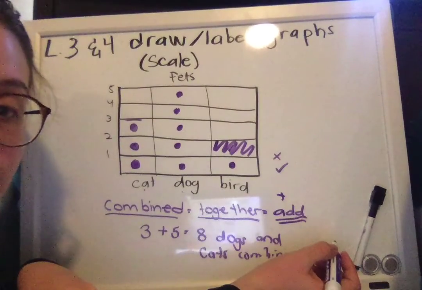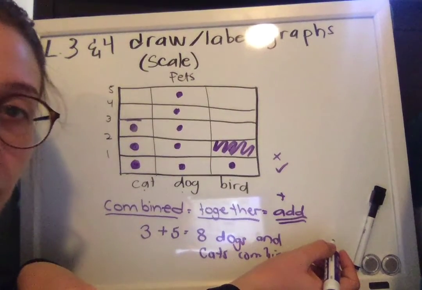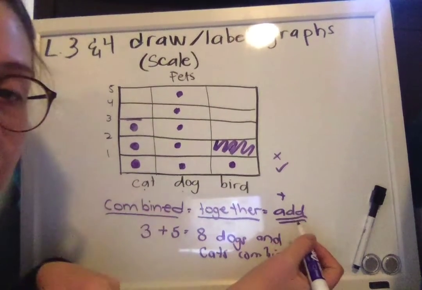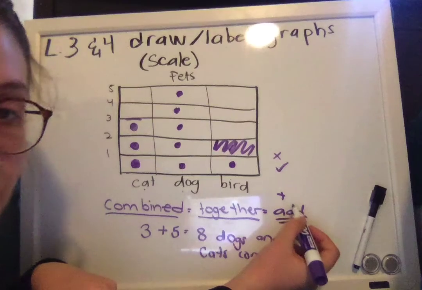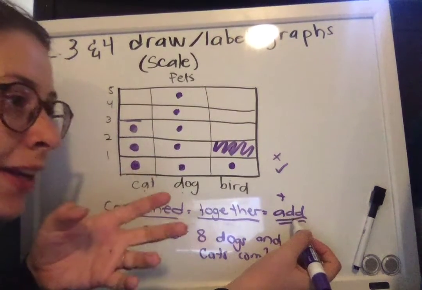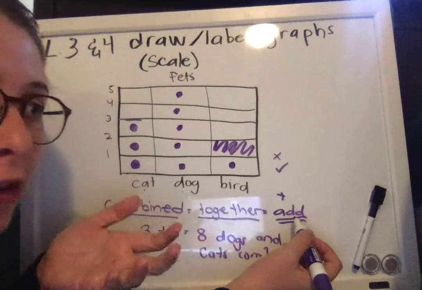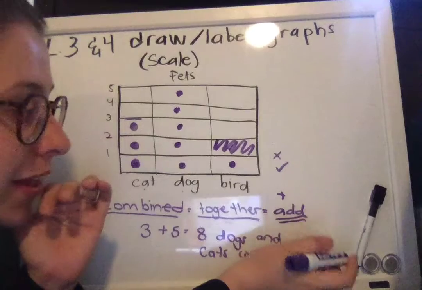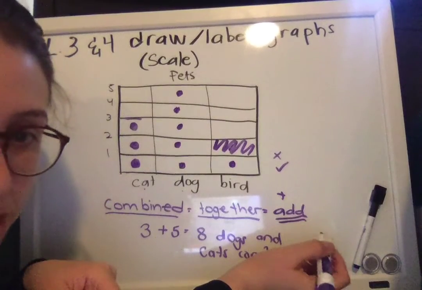Remember that you can even write it at the top of your notebook so that you always remember that when you see the word combined, it means to add. In lesson 4, you're going to have combined and how many more and fewer, all of the words mixed together. So you're going to have to really think, am I adding or subtracting in these questions? Okay.